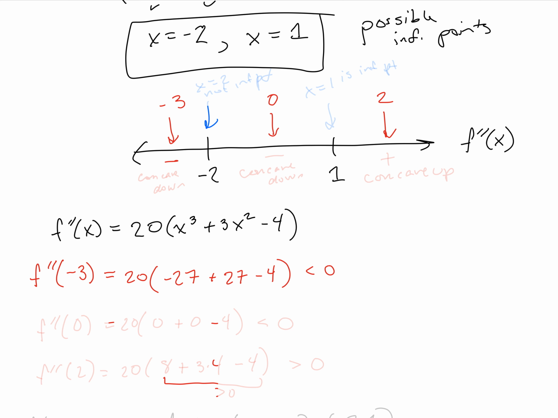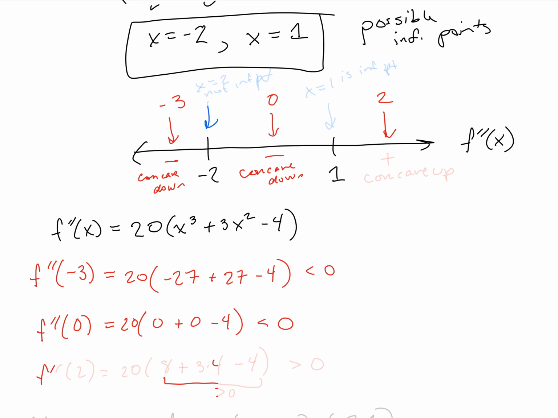And so this is negative, it's going to be concave down over this interval because the second derivative is negative. f double prime of 0 is 20 times 0 cubed plus 3 times 0 minus 4. So that's also negative. So we're also negative over this interval. It's concave down over this interval as well.